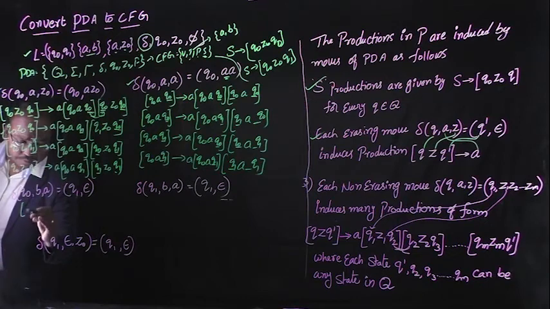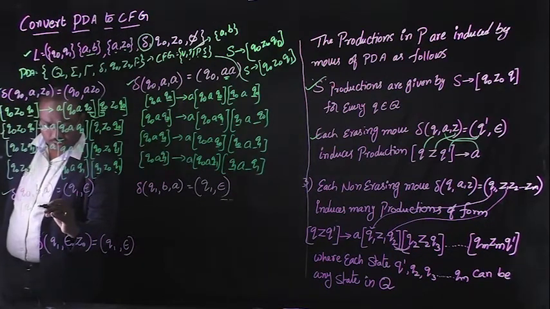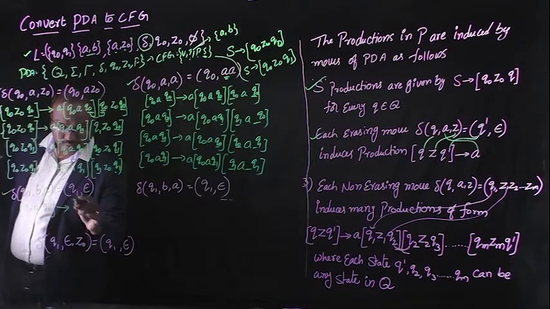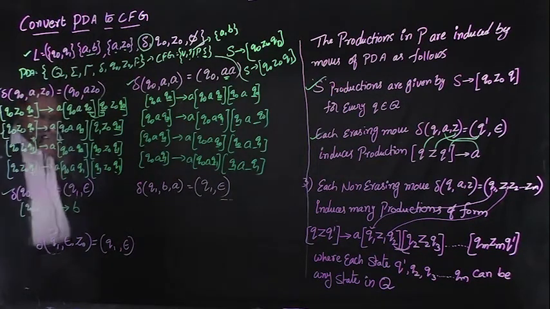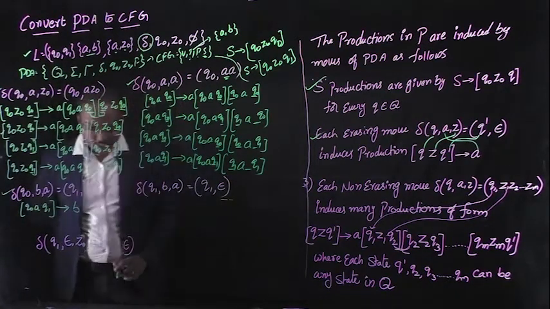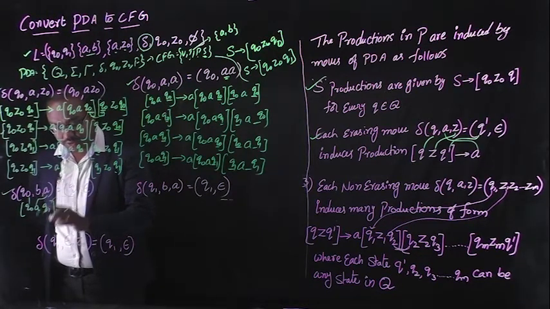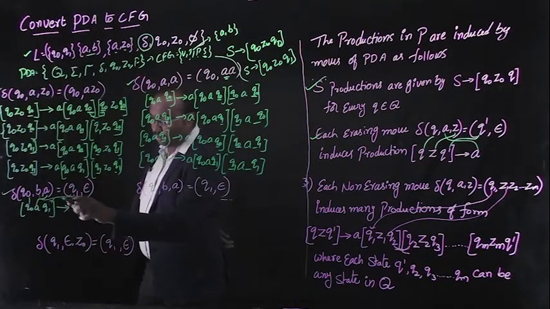Here state Q naught, input symbol A, and Q1, then we can write input symbol B: Q naught A Q1 B. So this is the state and input symbol, and state Q1, and this B will be here.